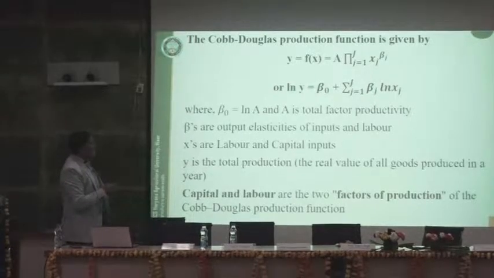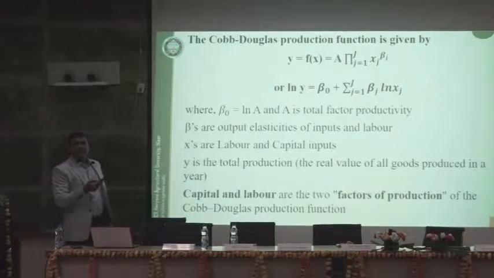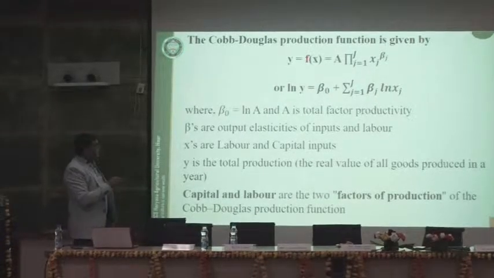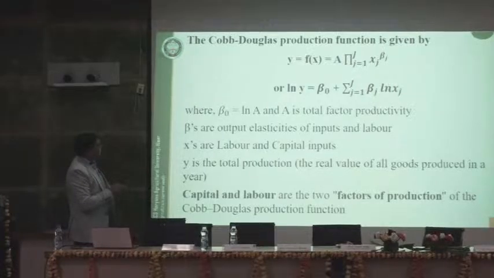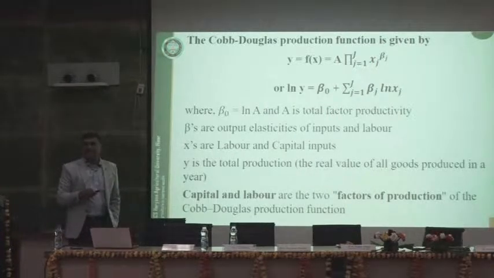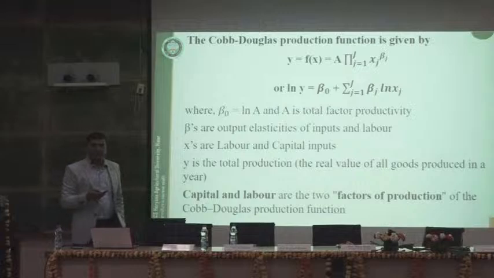And after taking the logarithm, we can make it linear. So this is the product of x_j raised to the power beta_j. This A is the total factor productivity, and this x_j is the input variable.